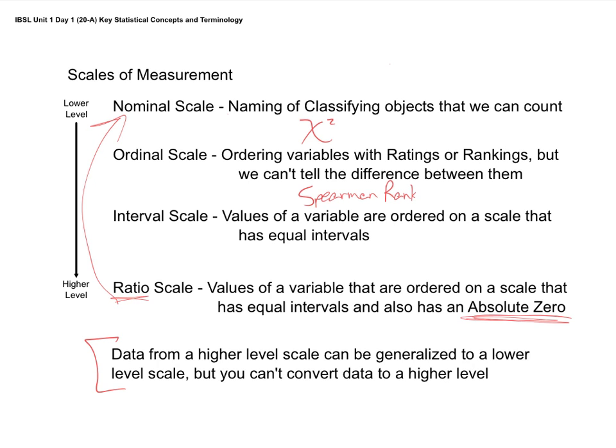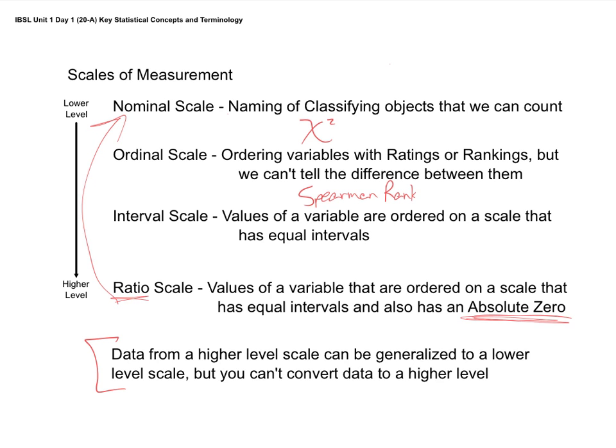All those GPAs are ratio, because there is an absolute 0 GPA. You could take the GPAs and categorize them and make that into nominal data. In college, you have summa cum laude, magna cum laude, and cum laude. They're categorizing those people. So now we have nominal data.